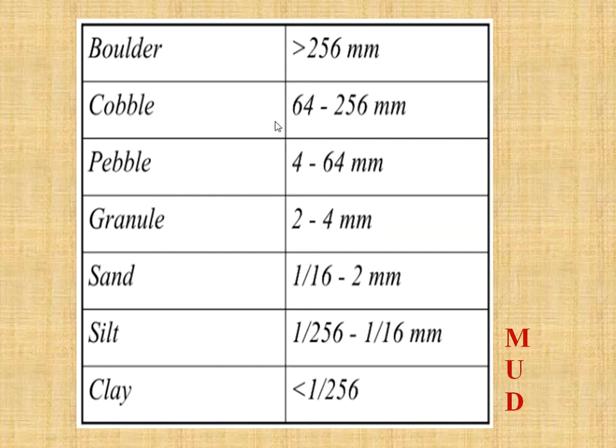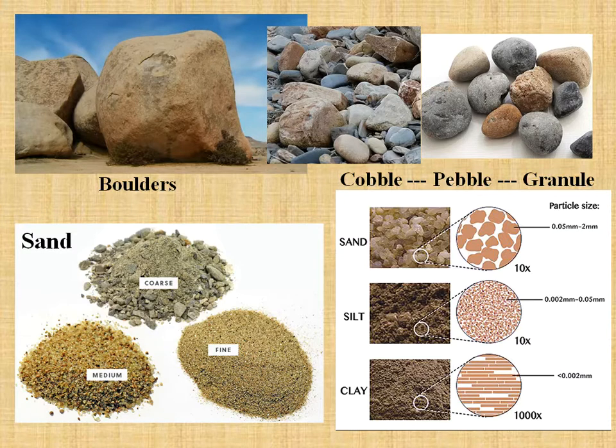So the boulder, if the size of the grain or the broken rock material is more than 2.56 millimeter, that comes under boulder. So you can imagine that even this small piece, it is a boulder which is say around 2 to 3 centimeters, and here you have got tens of meters.